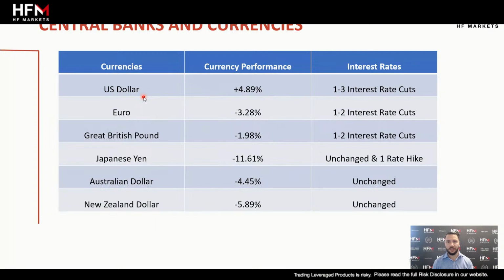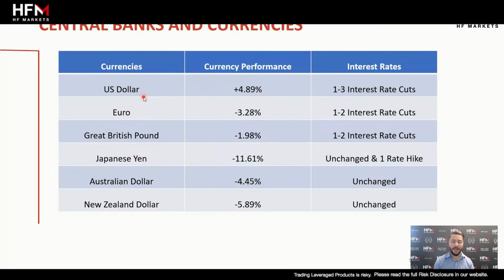In those months, the market was pricing in and predicting that the Federal Reserve would cut on 6 occasions this year, starting from March. Before yesterday, we were expecting the Federal Reserve to cut 2 to 3 times throughout the second half of the year, more specifically after the summer months.